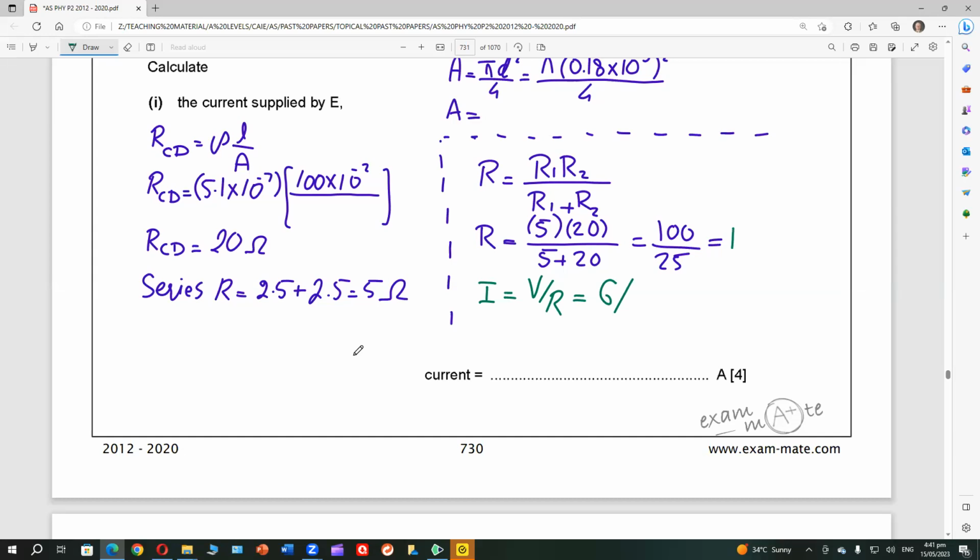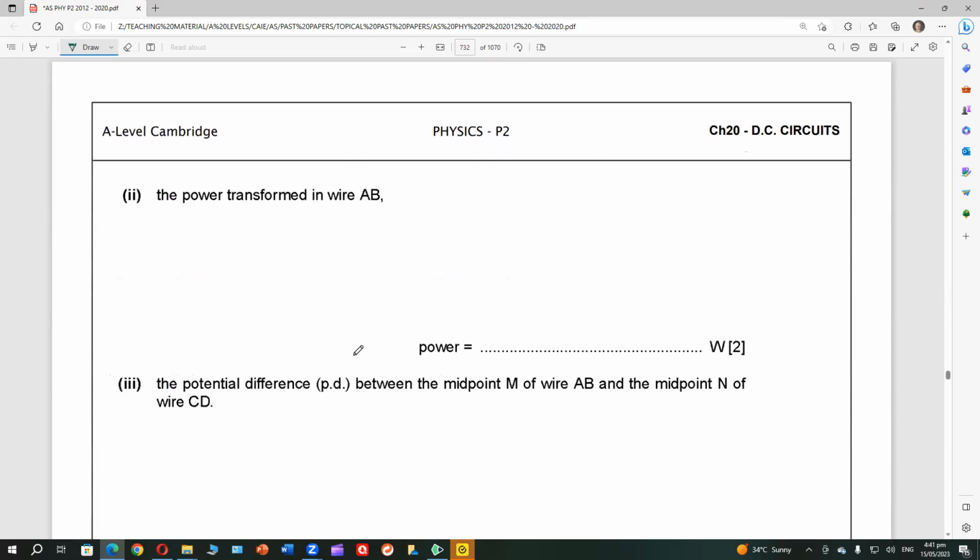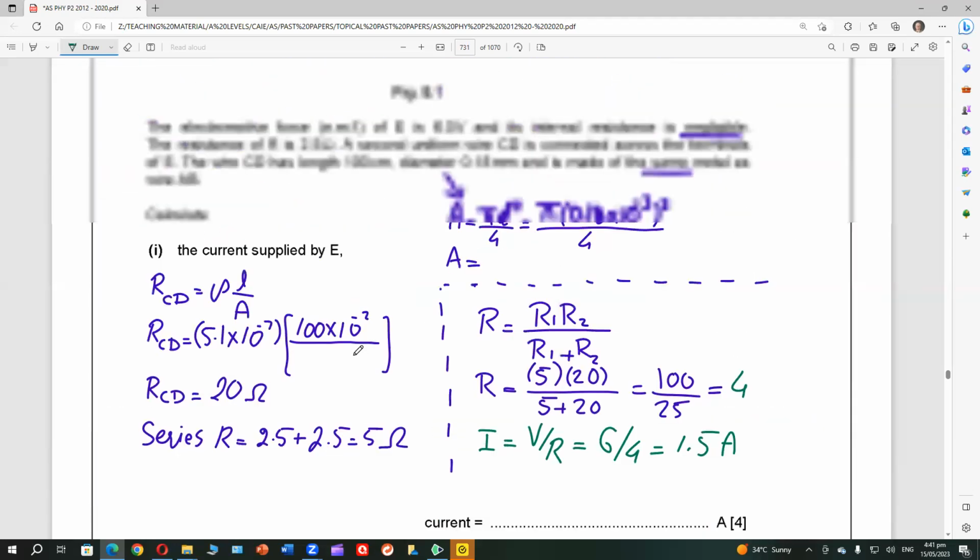Now what was the resistance coming? The effective resistance? 4 ohm. The power transformed in wire AB.